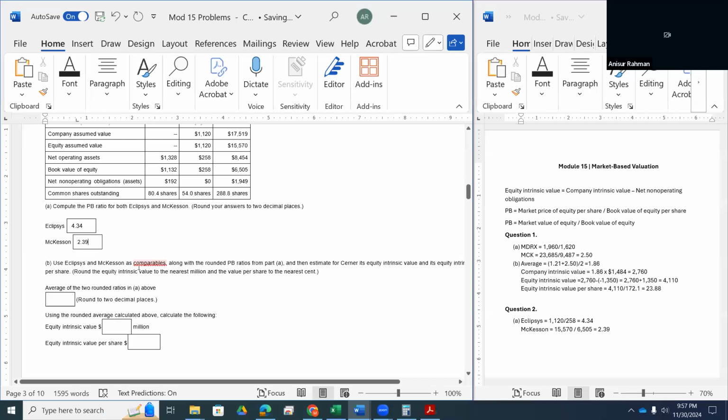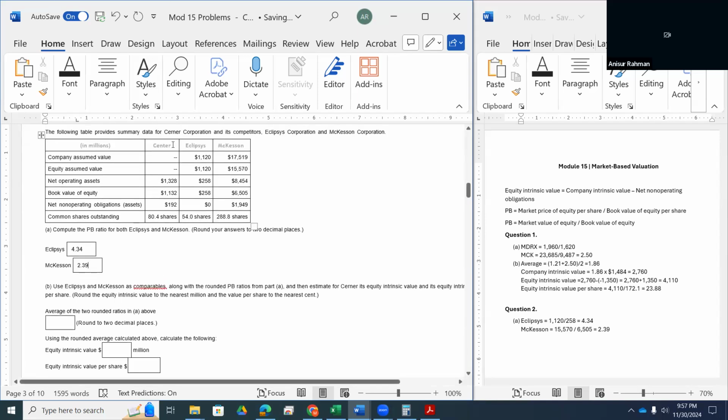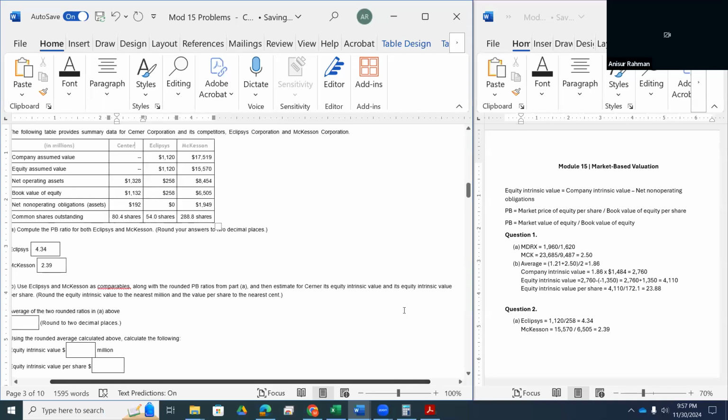So we have to use these companies as comparables. So that means our company, which is Cerner, can be compared with these two other companies, along with rounded PB ratios from part A. So that means we have to calculate the average of these two, and then estimate for Cerner its equity intrinsic value and equity intrinsic value per share.